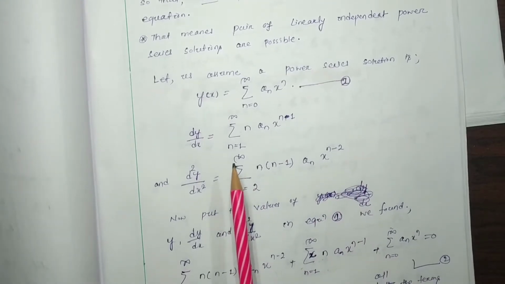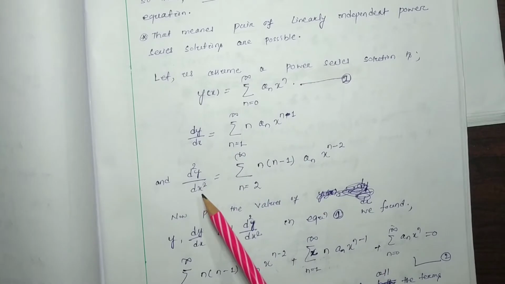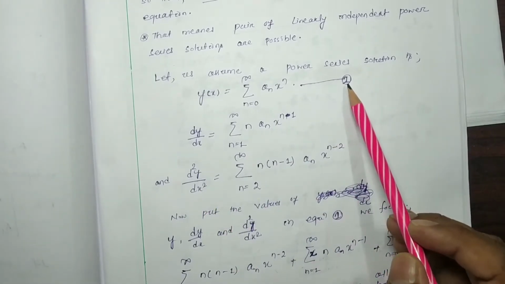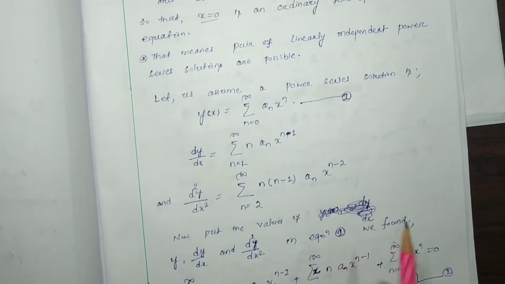Now we have to put the dy by dx value and the d square y by dx square value in equation number 1.